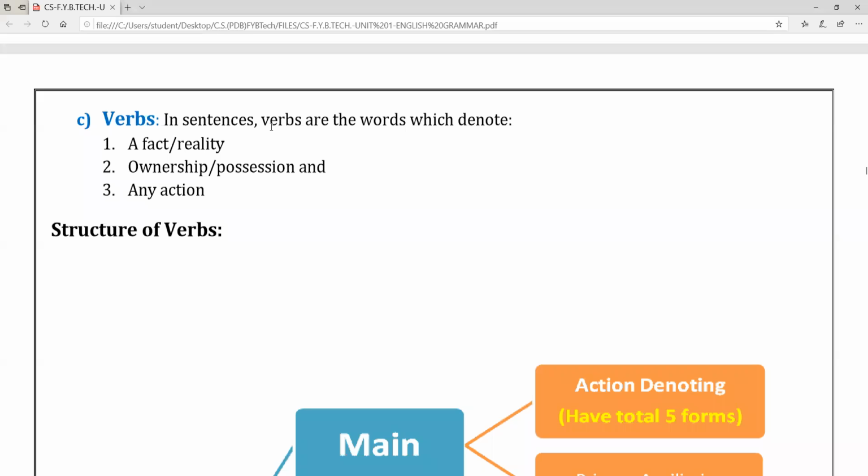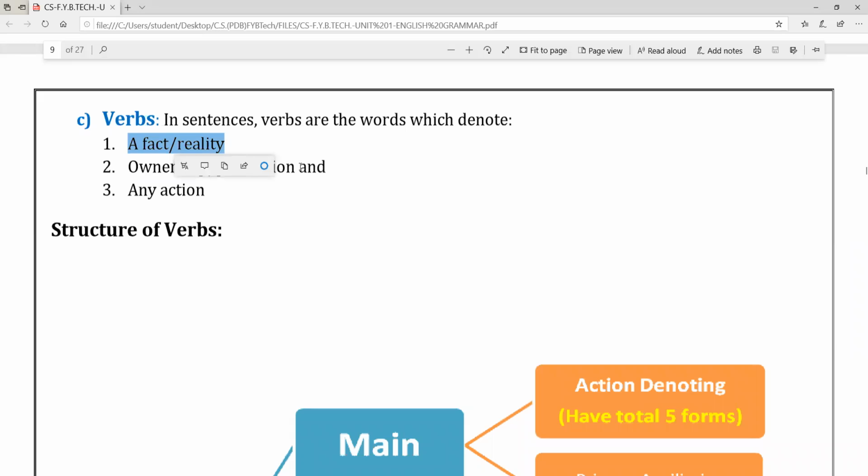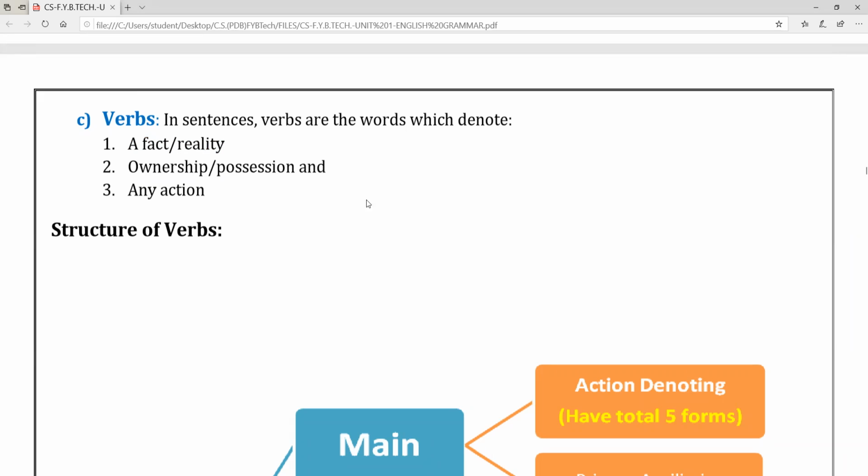I am a teacher. So teacher is my fact. I am really a teacher. This is the fact. ही सत्य आहे किंवा reality आहे. So am is the verb which shows the fact or reality.